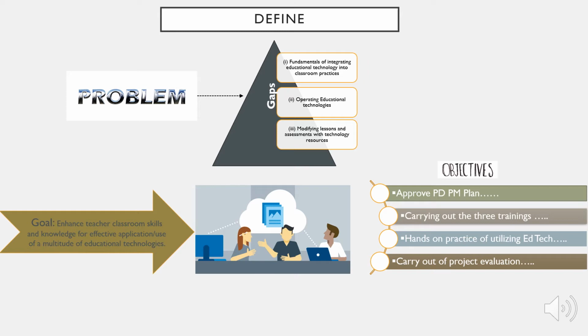Roll out the professional development plan by carrying out 3 trainings for teachers in the upcoming summer break. And hands-on practice of utilizing educational tech in the next school year. And evaluate the project and ongoing teacher support in real time.